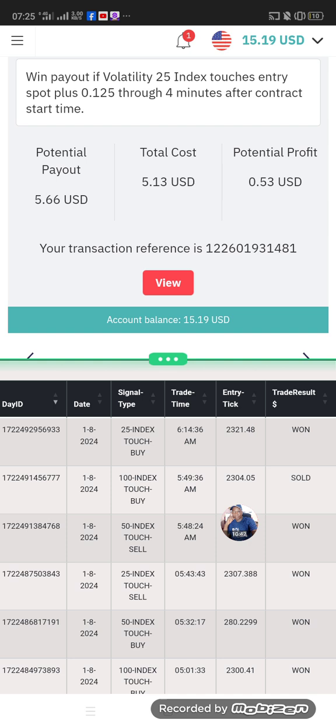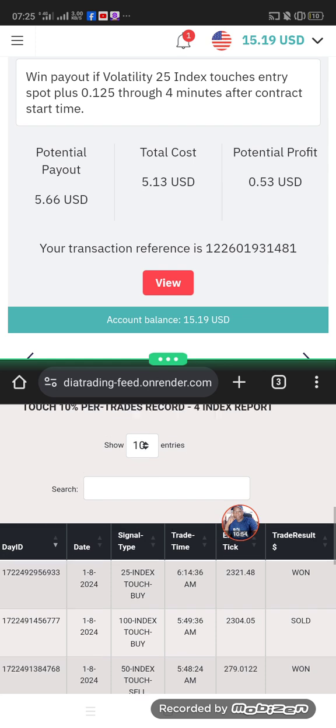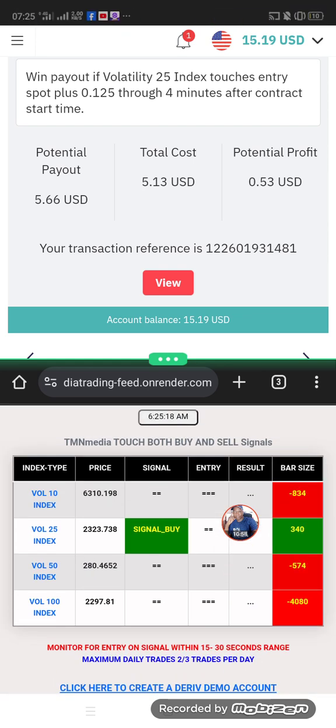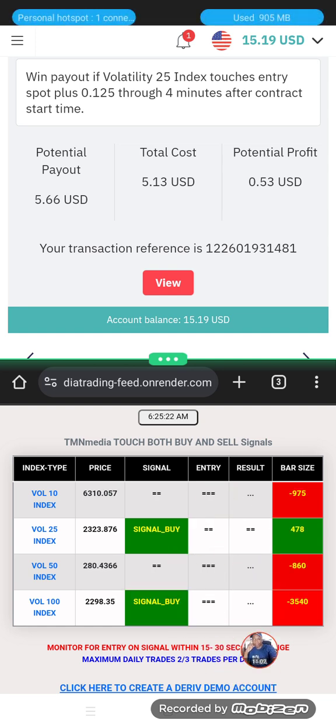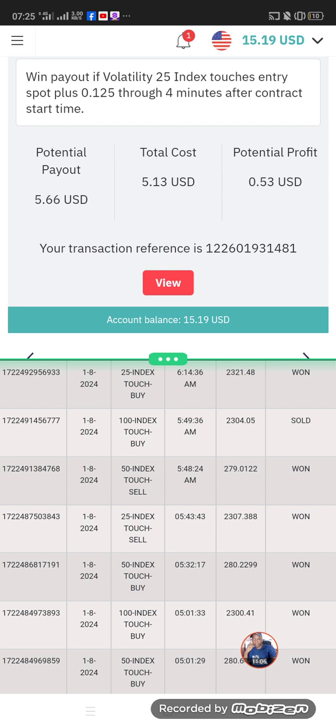I have done two trades right now. Maybe when I'm talking, another one showed up. I didn't quite recall. But those are the trades I've done, and you can see they are recorded.